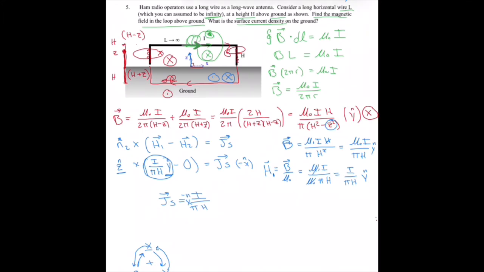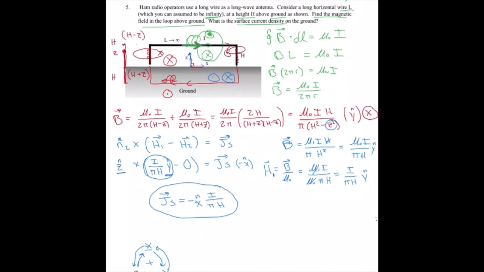Let me just simplify that a little bit more so we can see it a little bit better. Great. And this will be the negative x hat I over pi h. Great. And that is our answer. That is our surface current density.